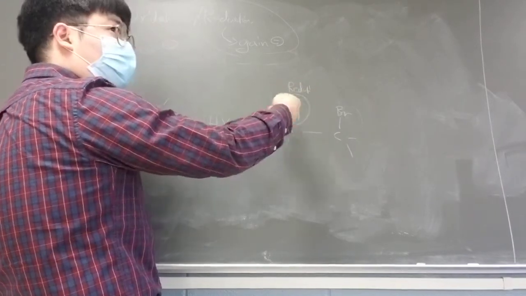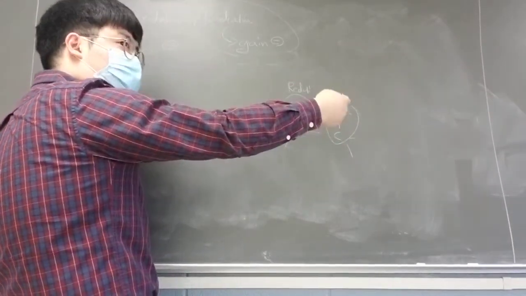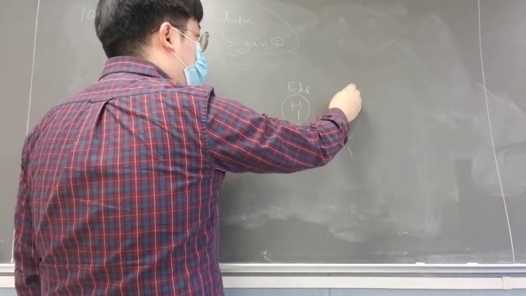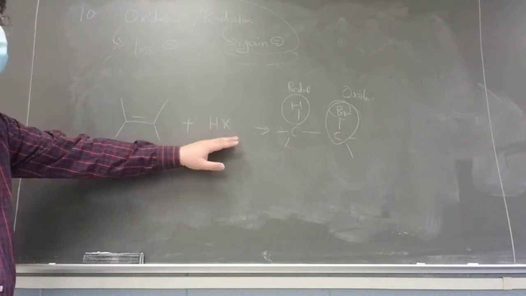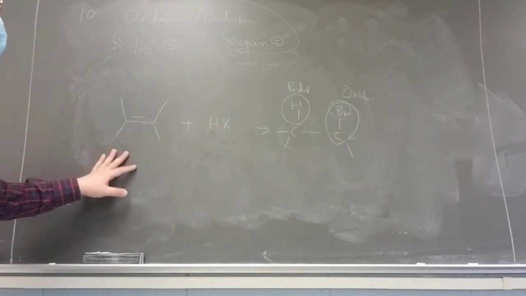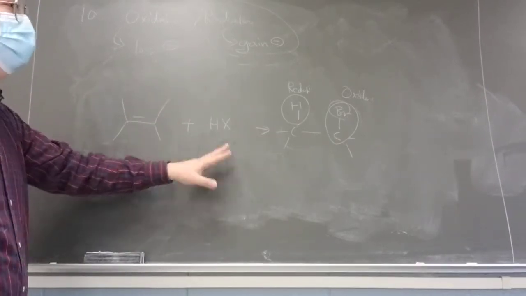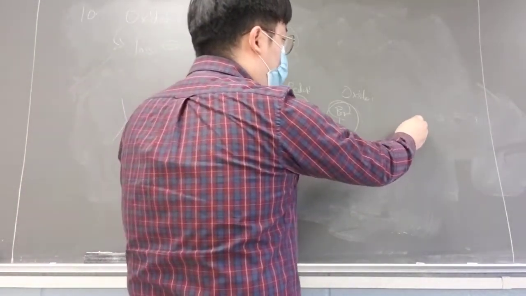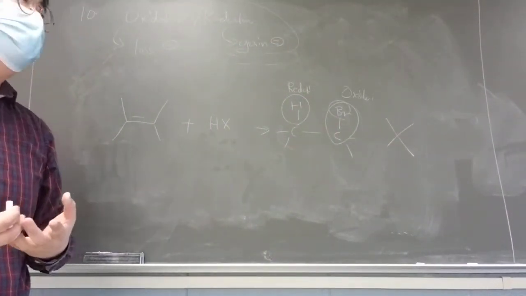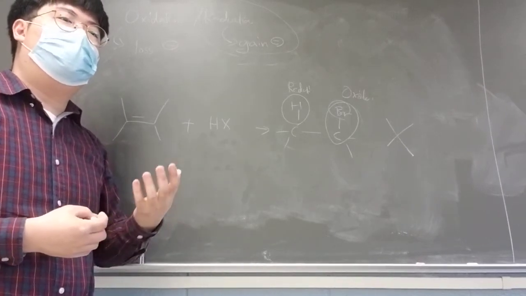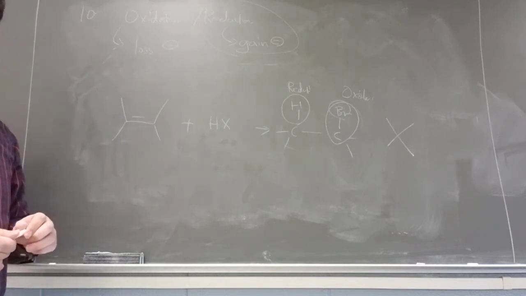Because the electronegativity of hydrogen is lower than carbon. But here, you also have a bond to an electronegative element like bromine, so this is actually oxidation. But this happens at the same time when you treat with HX, like hydrobromic acid, hydrochloric acid, and so forth. In this case, there's no net oxidation or reduction because they cancel out, since they happen at the same time. So you don't have to specify this reaction as either reduction or oxidation. It's kind of a tricky one, right?